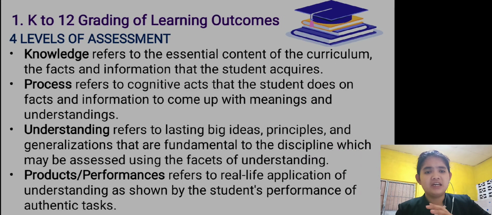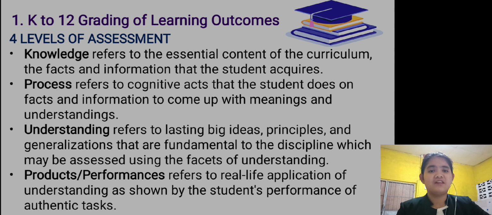First, the knowledge. It refers to the essential content of the curriculum, the facts and information that the student acquires, and it uses traditional tools, for example, paper and pencil tests using multiple choice, true or false, or matching type tests, and constructed response tests. Second, we have the process.